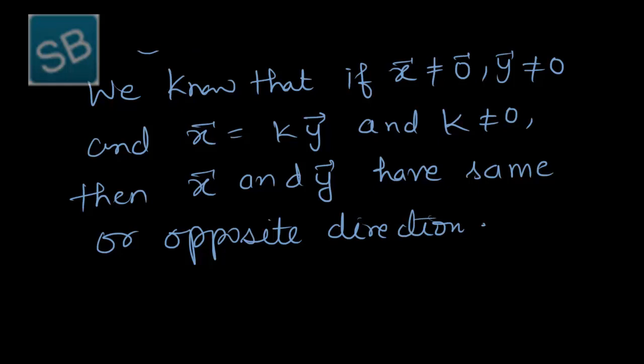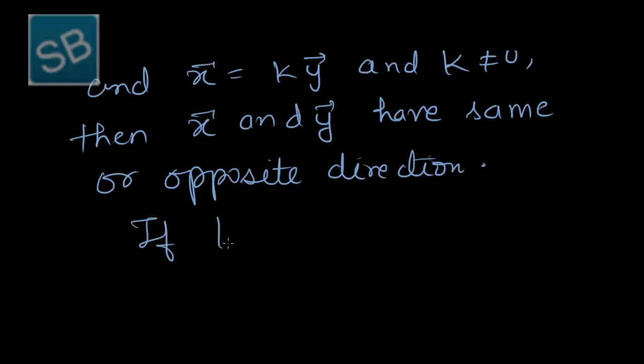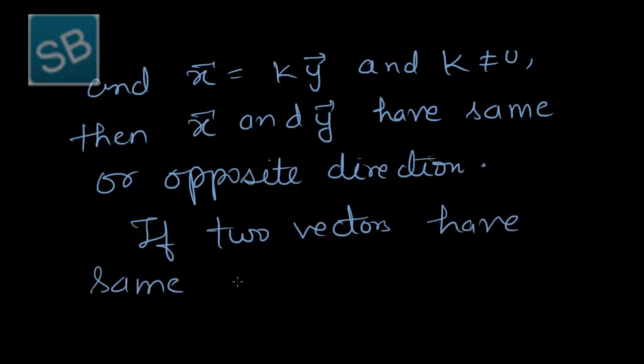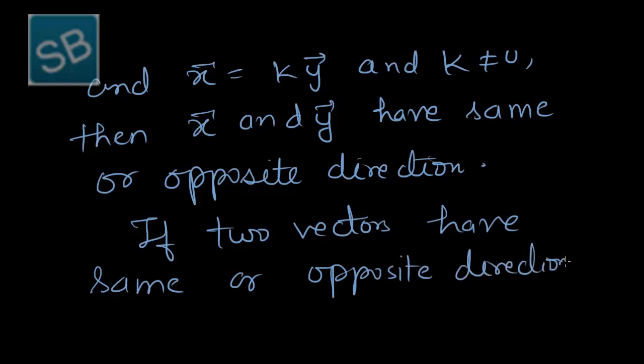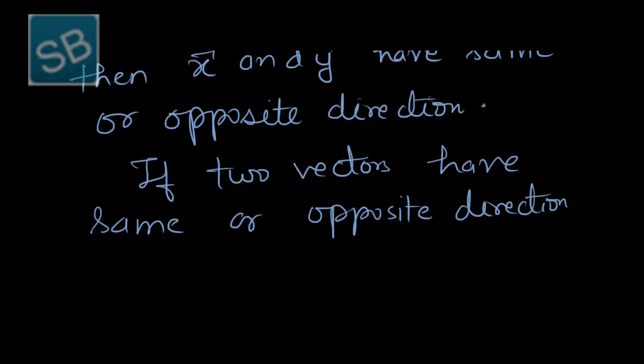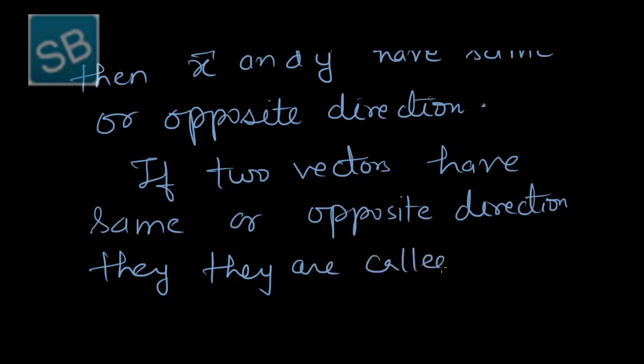and if two vectors have the same or opposite direction, then they are called collinear vectors.